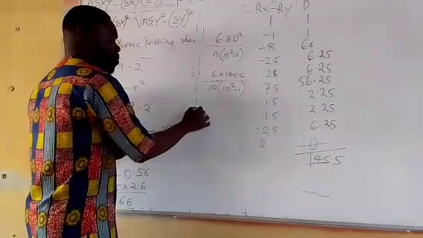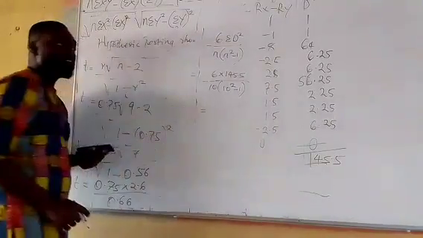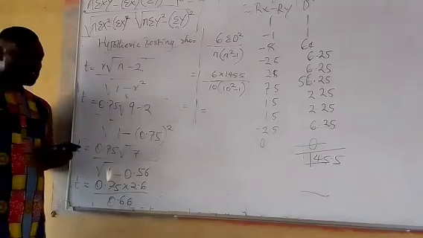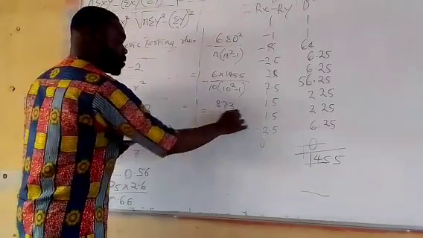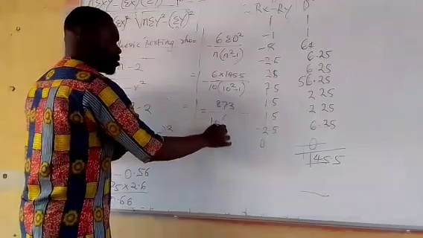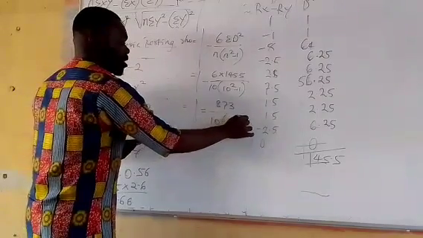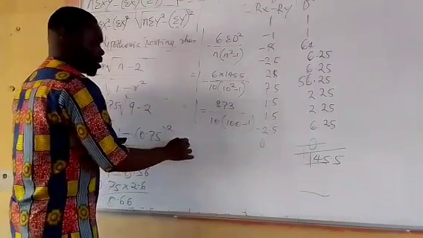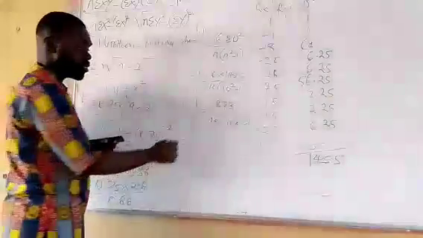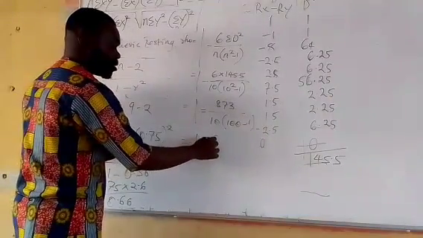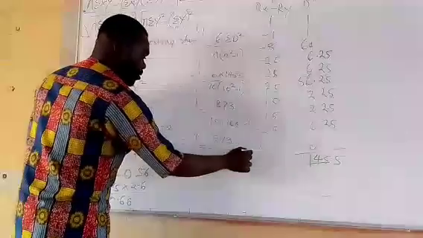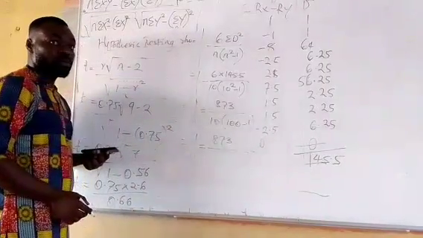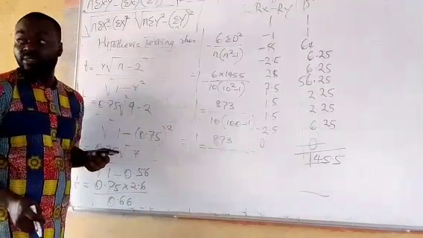So we keep going. 6 multiplied by 145.5 is 873. Confirm it, please. 10 squared is 100, minus 1 is 99.